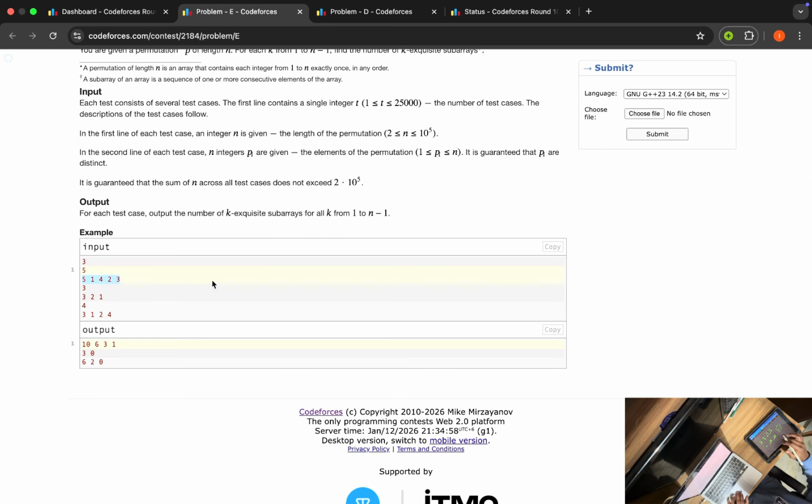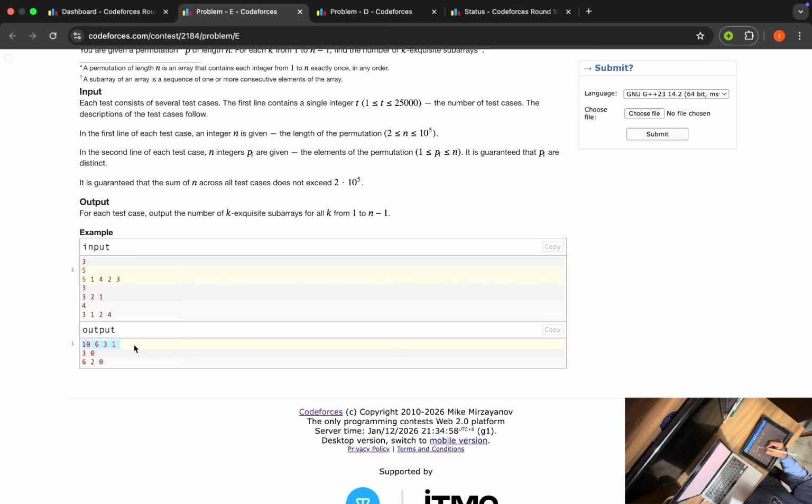Okay, 5 1 4 2 3. The answer is from at least 1. How many subarrays? There are a total of n squared subarrays, so not n squared, there are somewhat fewer.